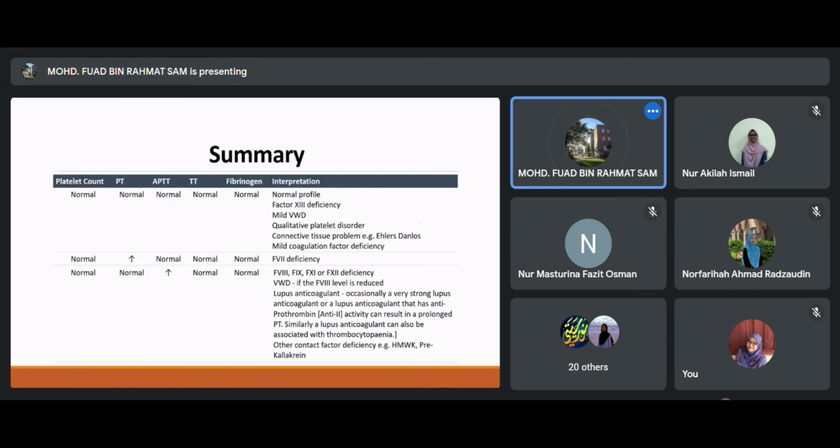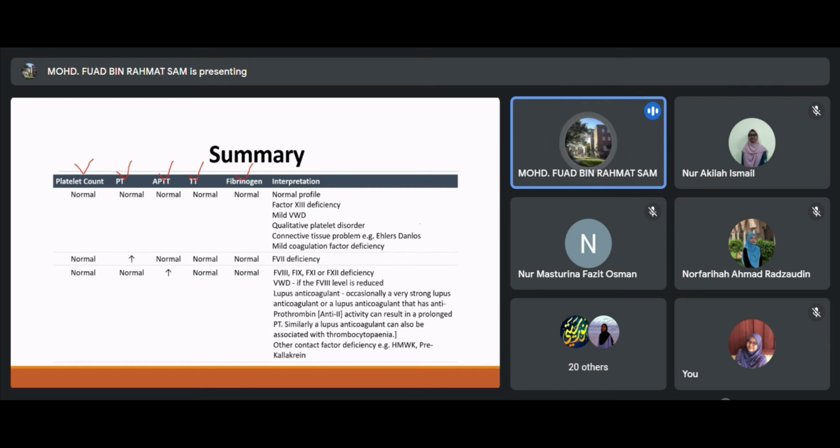Now, this is the overall summary. In the summary, we first involve the platelet count, the PT, the APTT, the TT, the fibrinogen. Then it is easier for us to interpret the condition of the patient.